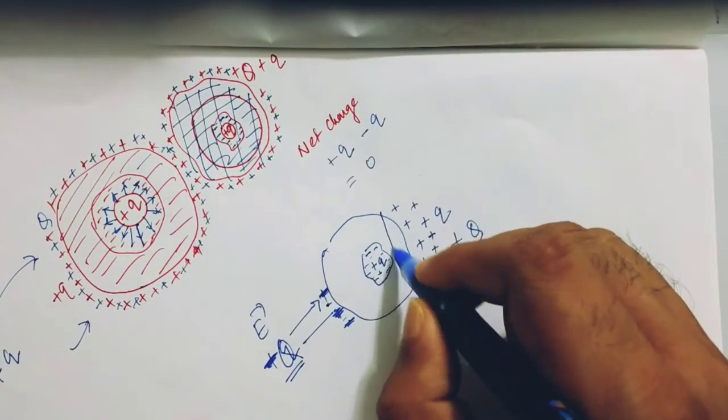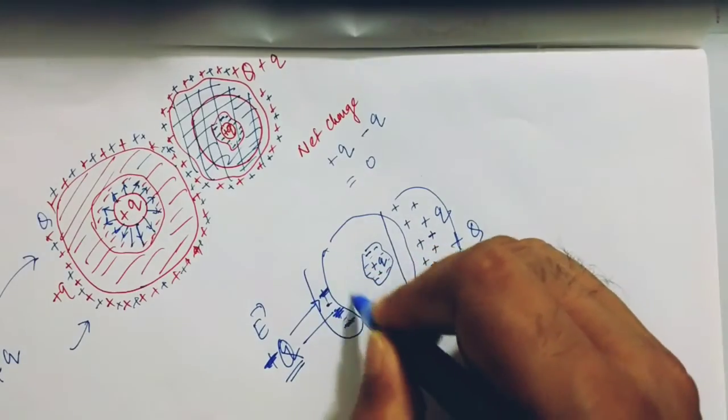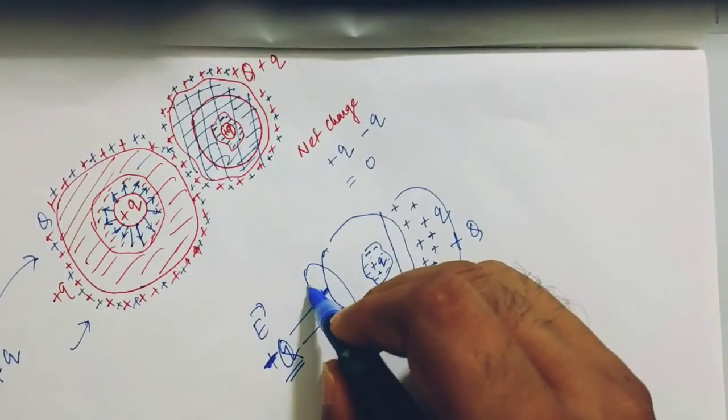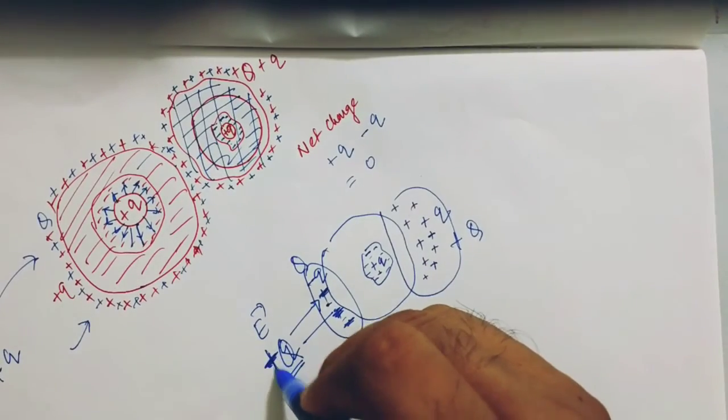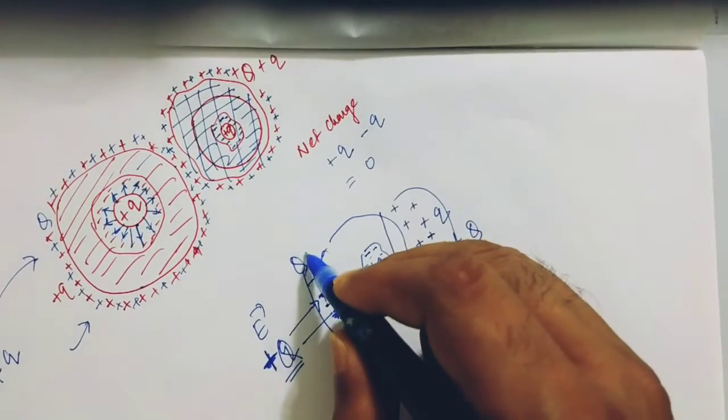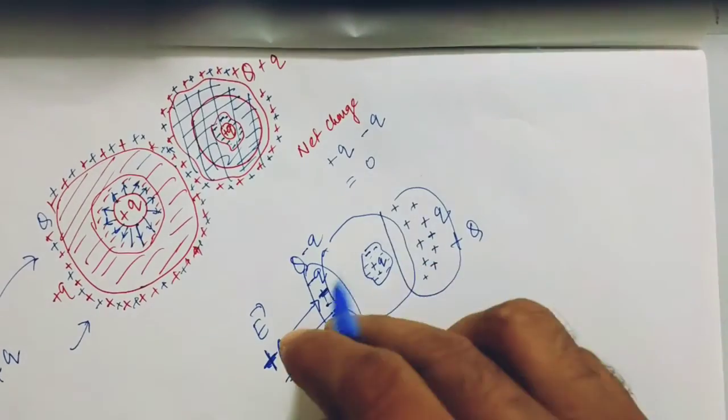It will create the potential on the outer surface, and on the inner surface there will be minus Q, Q minus Q, right? Q minus Q will be the negative charge concentration.